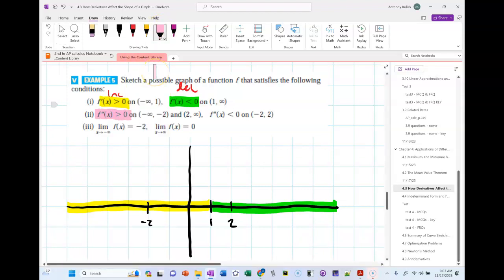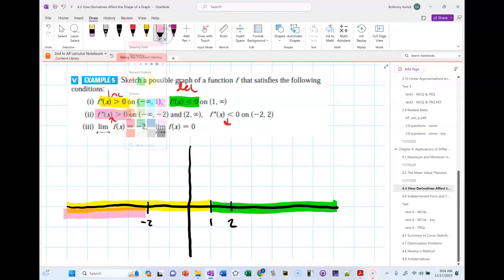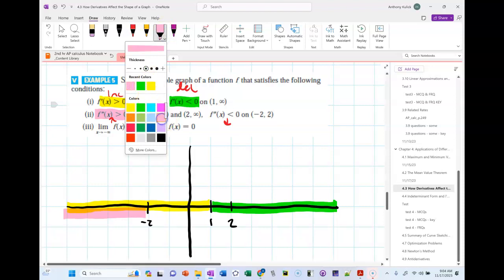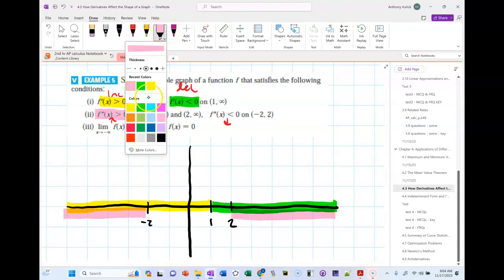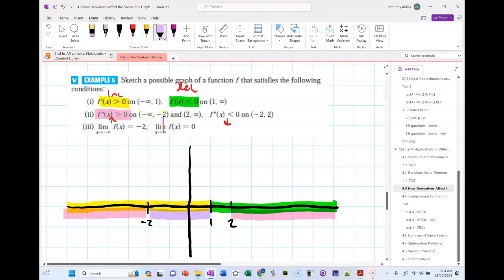And then here, we're concave up. And over here, we're concave down. Oops, we're concave up in 2 places, right? And then we have the end behaviors here.